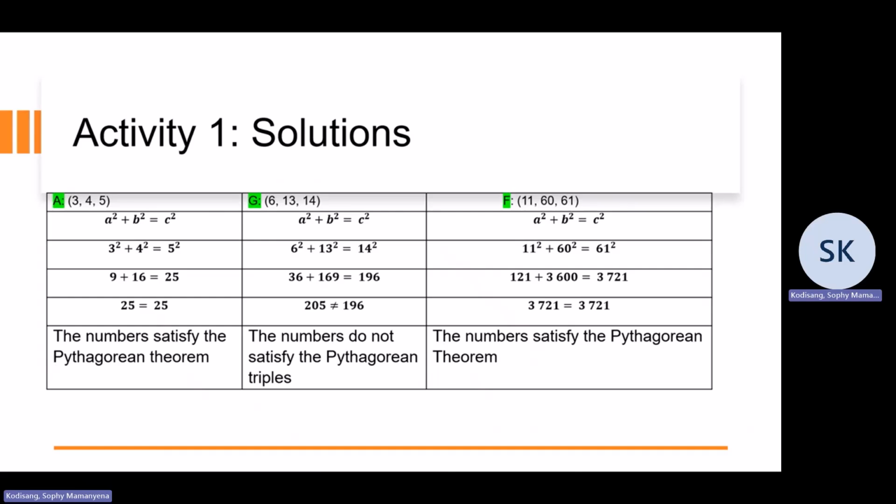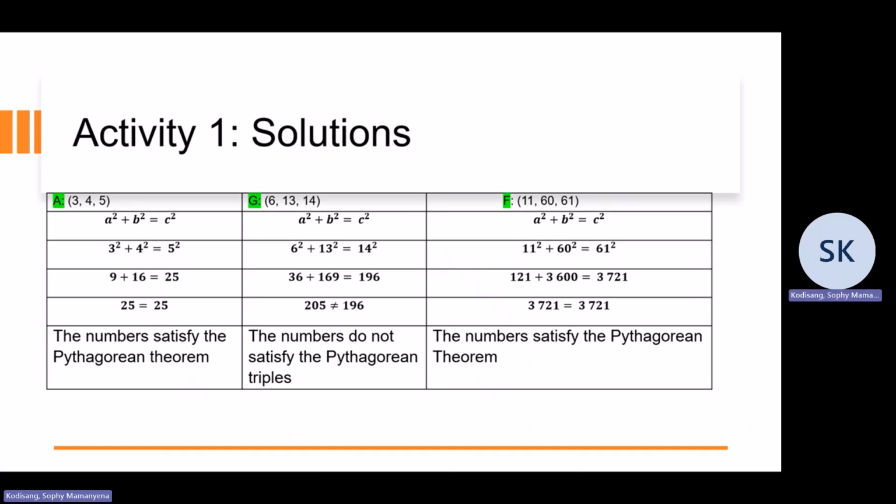Now, when you add the 2 numbers on the left hand side, they give you a sum of 205, and on the right hand side is 196. So the left hand side is not equal to the right hand side, meaning that the numbers do not satisfy the Pythagorean theorem. So you cannot conclude that these numbers are the dimensions of a right-angled triangle.